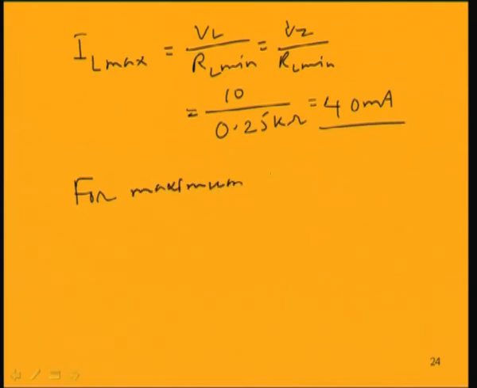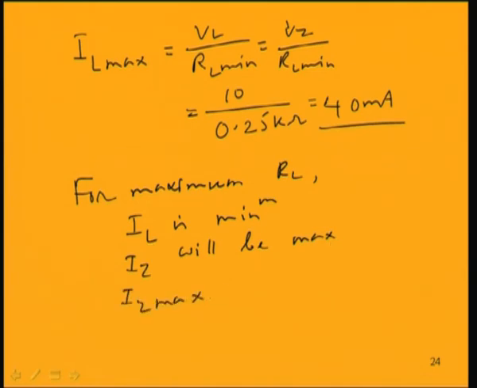RL, IL is minimum. So, IZ will be maximum. So, what is that IZ maximum? That is given in your rating, IZ max equal to 32 milliampere. This is the rating of the diode, it is given.